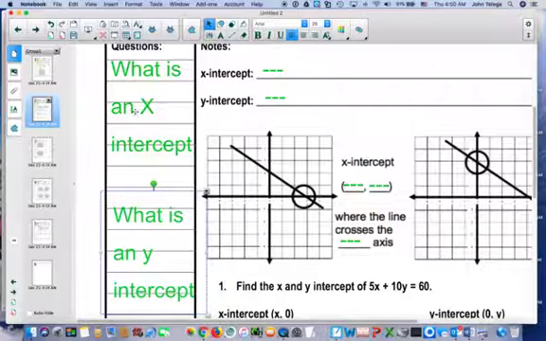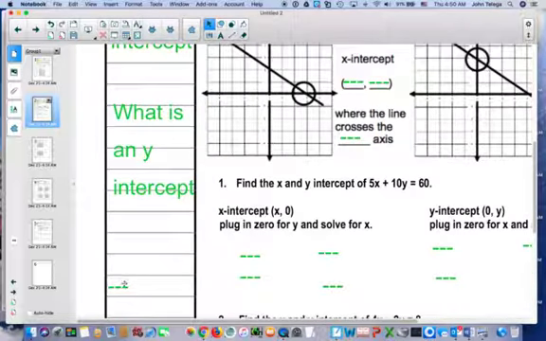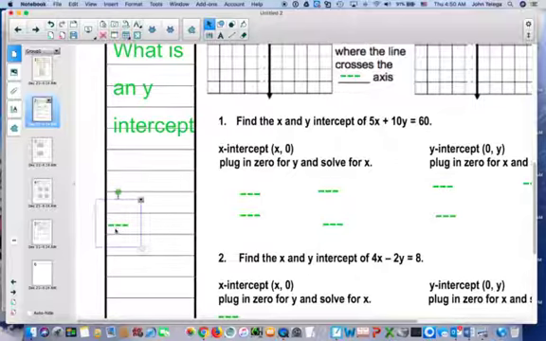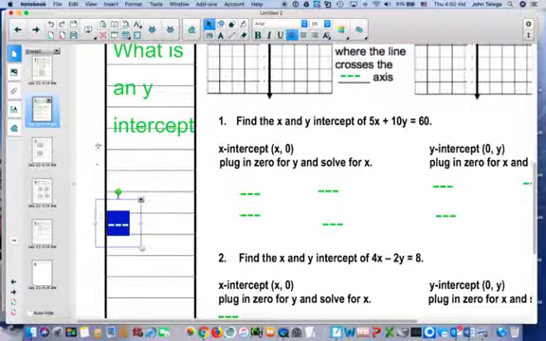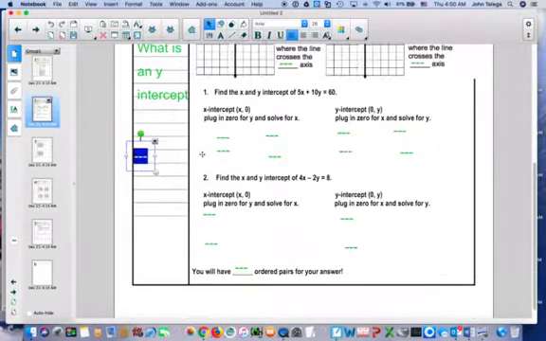Then how do I find the intercepts given an equation? I suppose it might be nice here to view this in full.